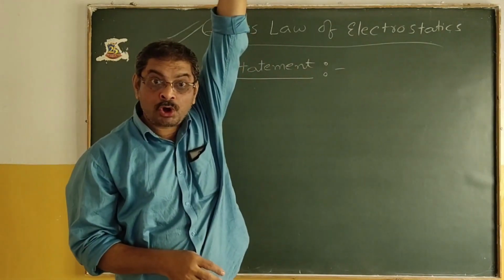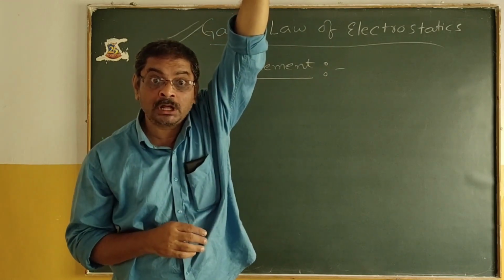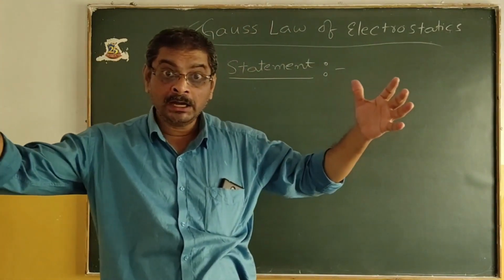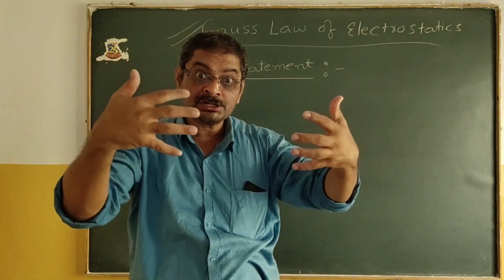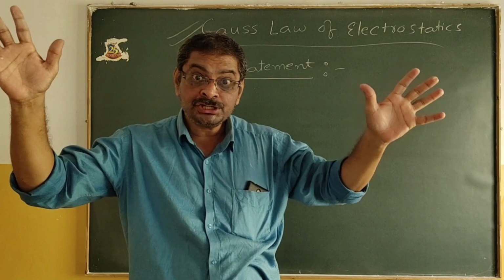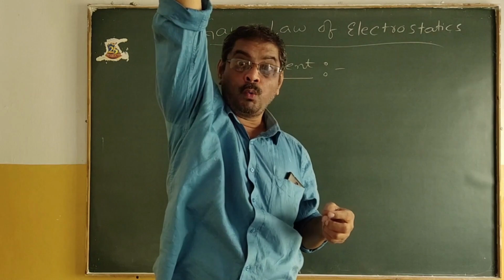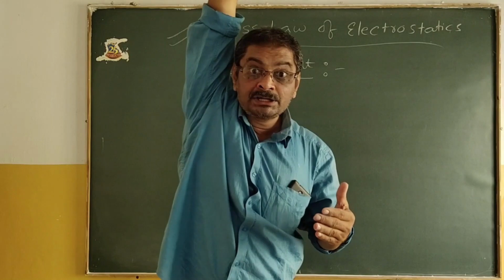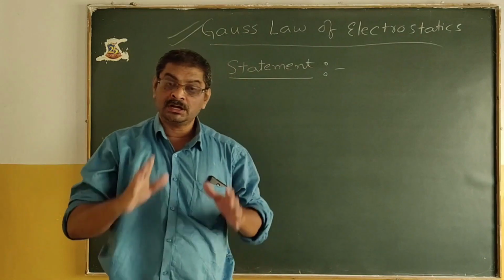According to the Gauss law, the total number of the electric lines of force either entering the Gaussian surface or leaving the Gaussian surface will be numerically equal to 1 by epsilon naught times the net charge enclosed by the Gaussian surface.